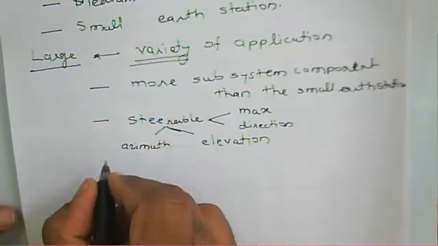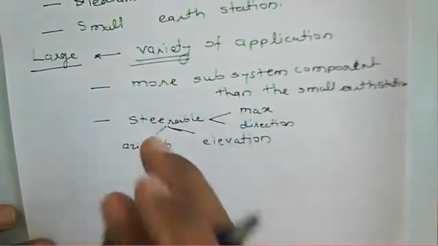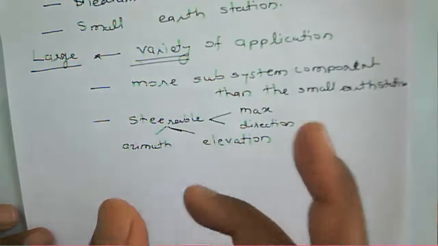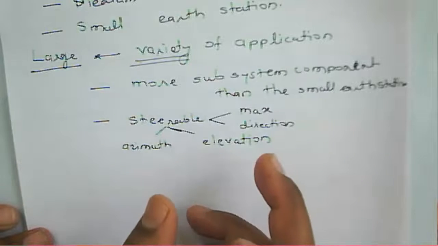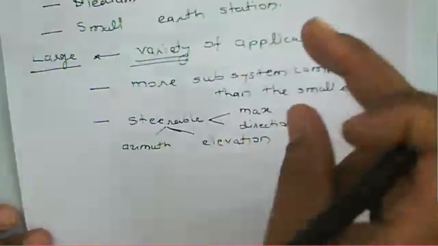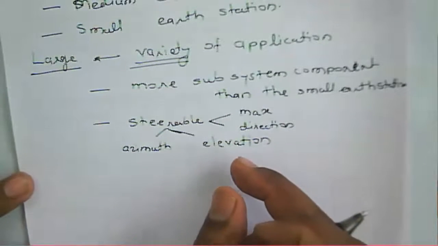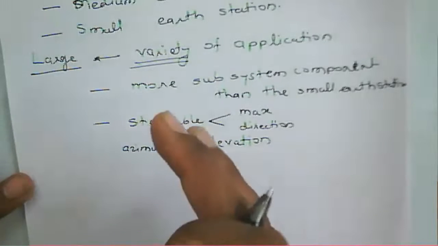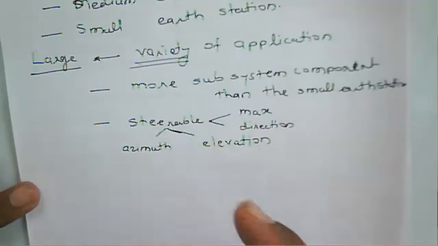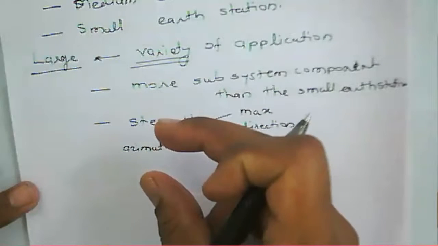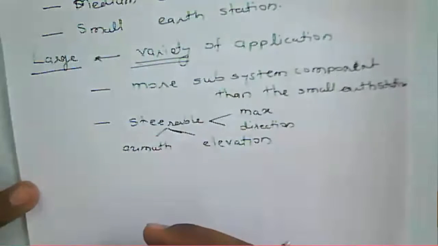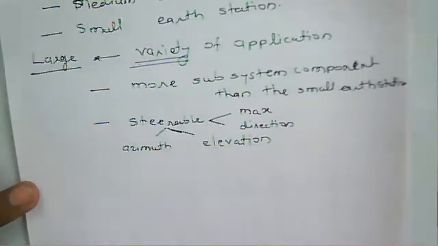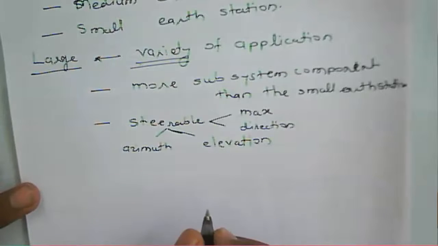We can say that the antenna structure is to be steerable. Once the antenna is steered, we have the control system, and that control system automatically tracks the satellite. That steering of an antenna will be carried out with a servo system to automatically track the satellite.